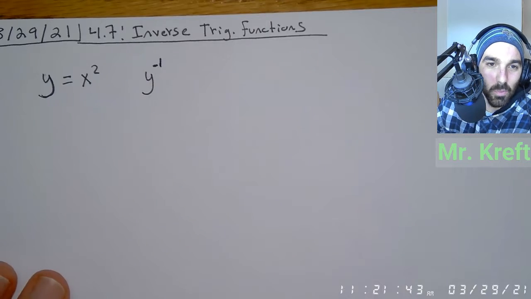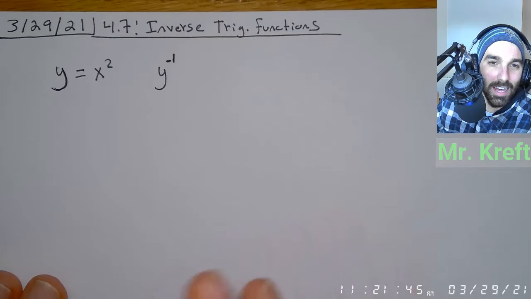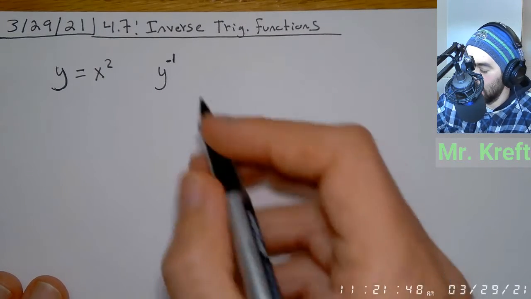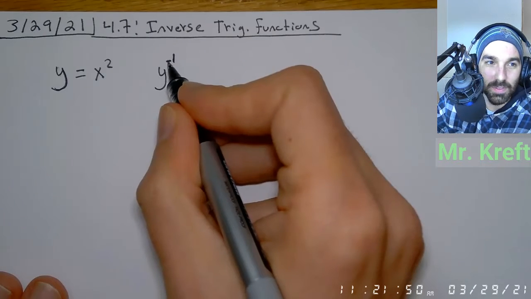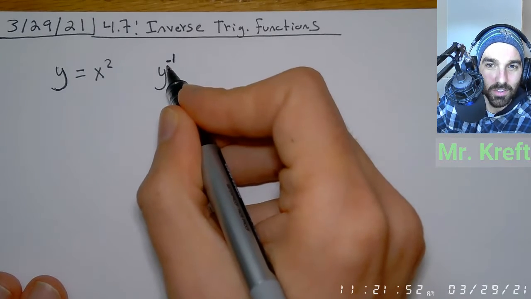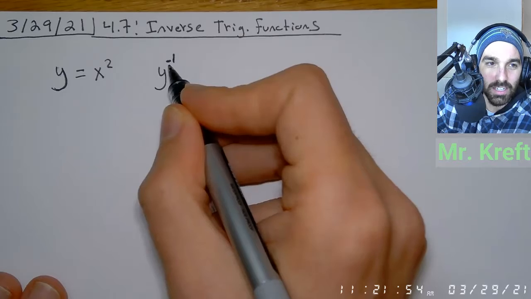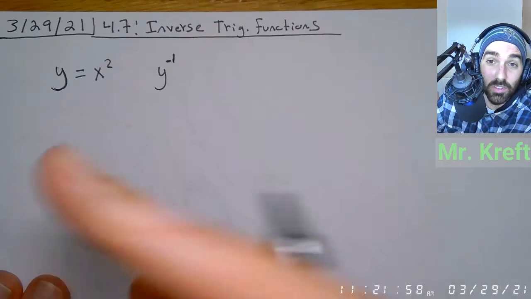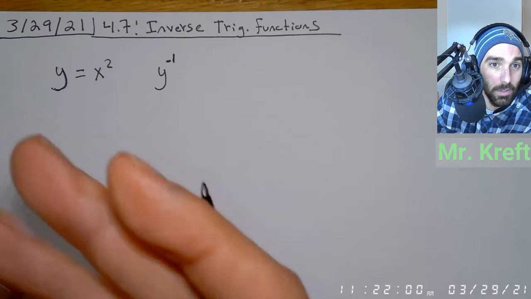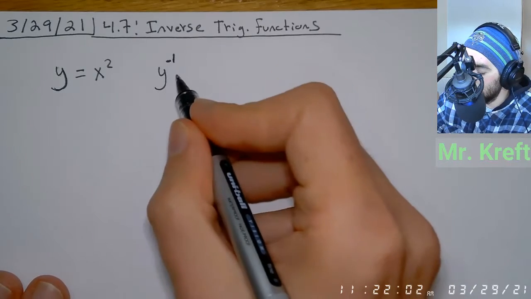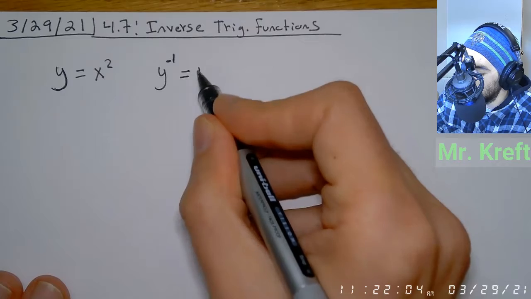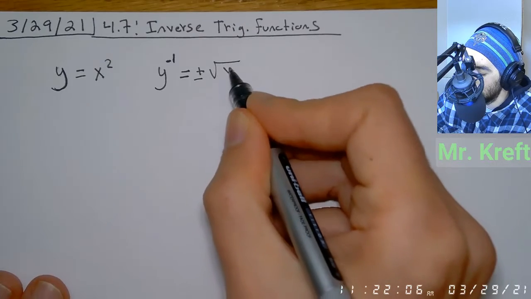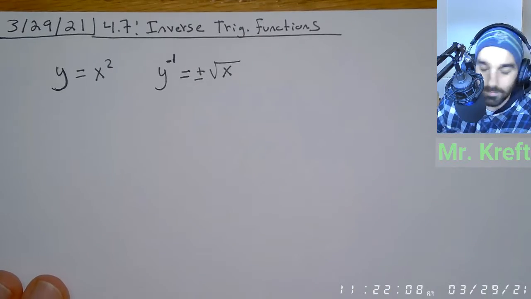The reason why it looks like a -1 in your book is that printing presses have limitations on what they can print. It would be much better if you put the negative down a little bit lower. I've seen some books do that as a trick, just to remind yourself that we're not saying y to the -1. That's a reciprocal, right? Reciprocal means 1 over. So when I do an inverse like this, this would be the plus or minus the square root of x.